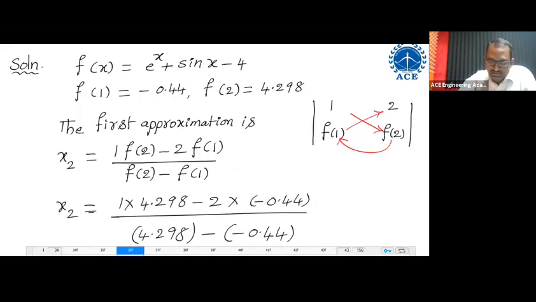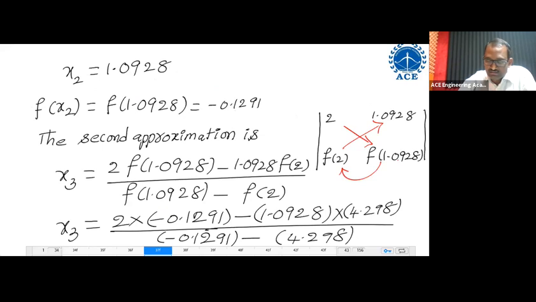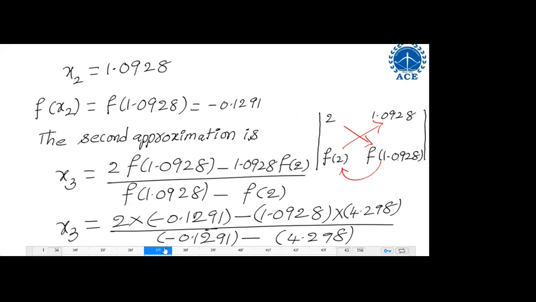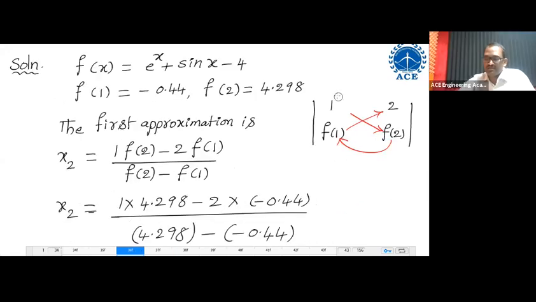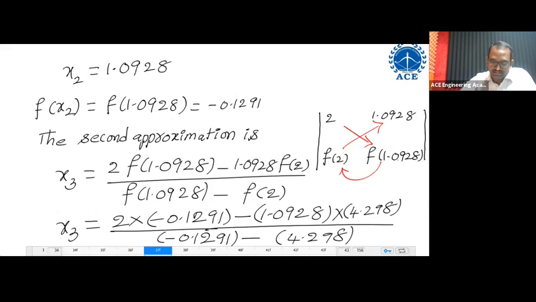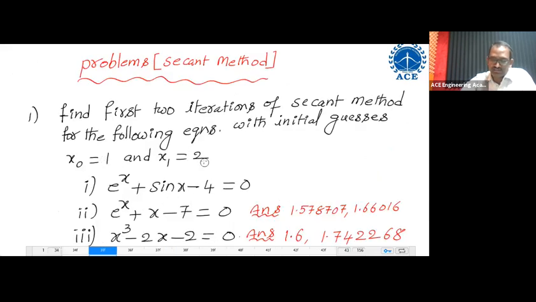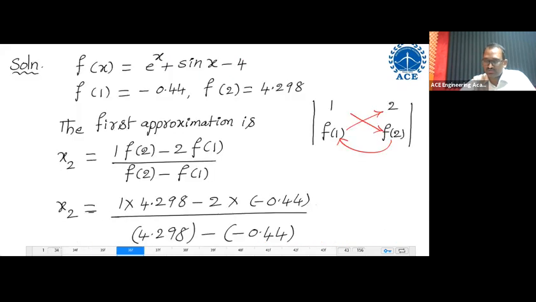That 1.0928 value is x0 and that 2 value is x1? Just a minute, look here. Here first x0, x1. Next x1, x2. For the first approximation, you need to take x0, x1. For the second approximation, you need to take x1 and x2. Is it clear?